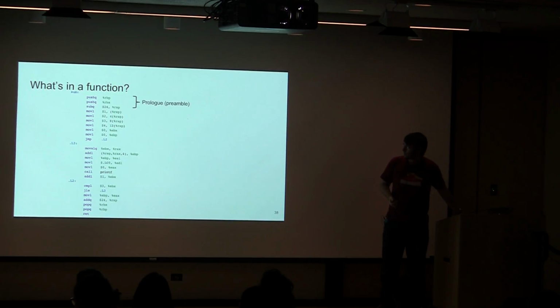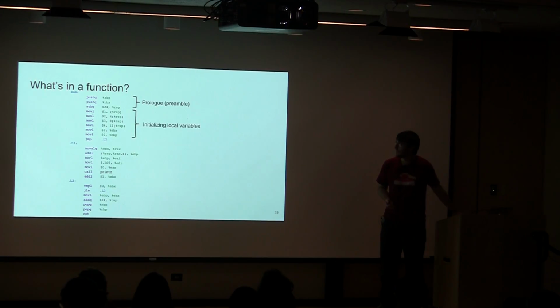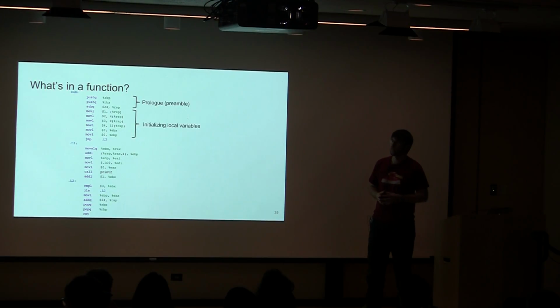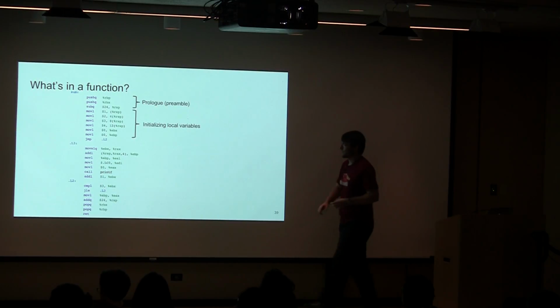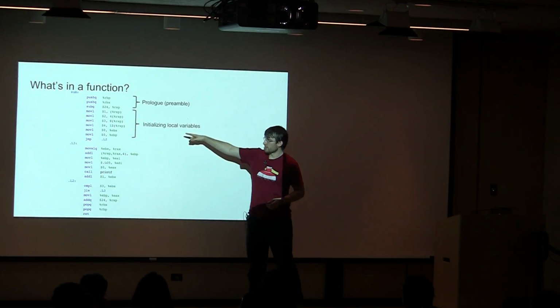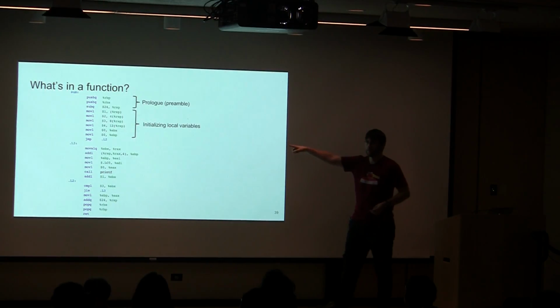And then it looks like we're doing some math, and we're moving some things onto the stack. So it looks like that is initializing local variables. These last two lines, we're moving 0 into those two registers that we just saved to the stack.